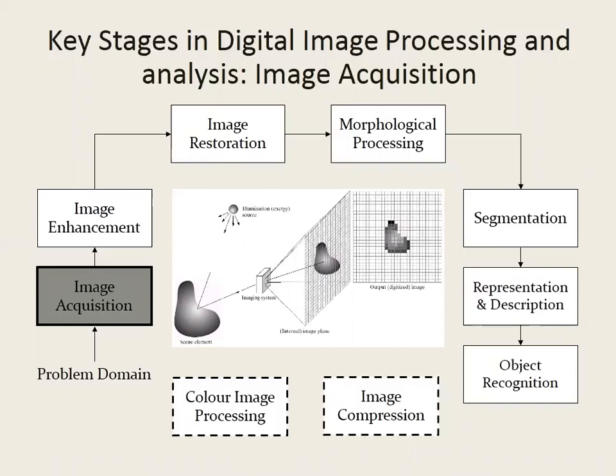So when we are acquiring the image, we have to think about the digitization procedure: sampling, quantization, and compression, especially the compression part, because any image acquisition tool, if it is digital, passes through sampling and quantization.